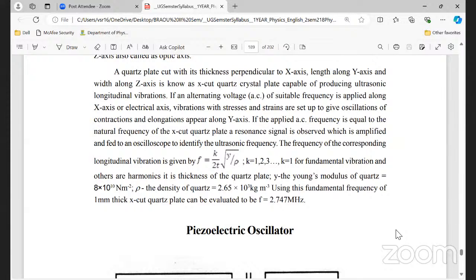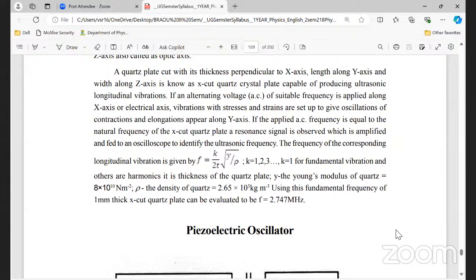You can find whether the crystal is elongated or contracted along the y-axis. That means x and y are perpendicular to each other.